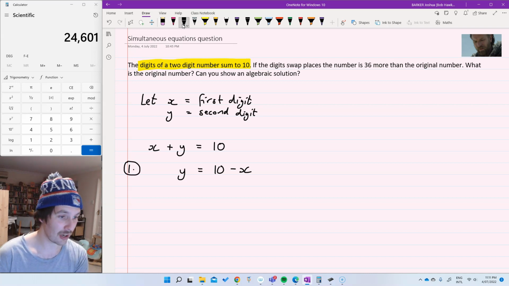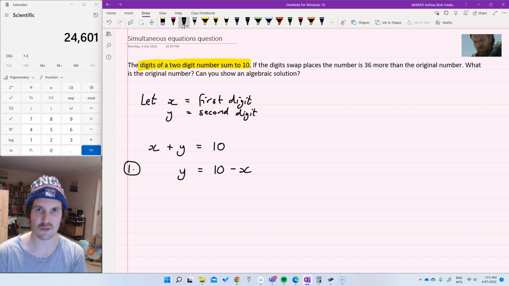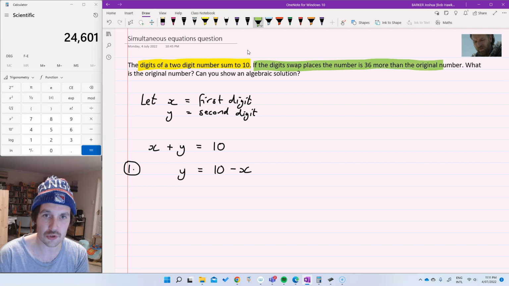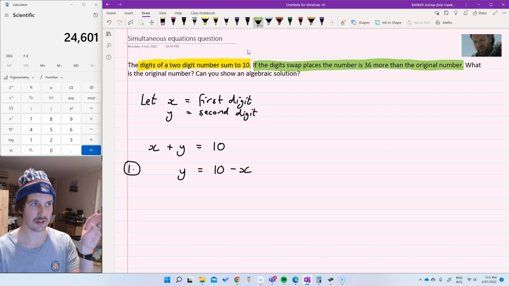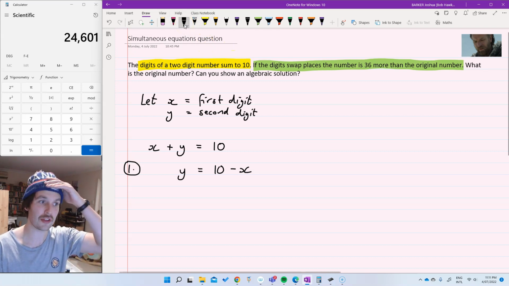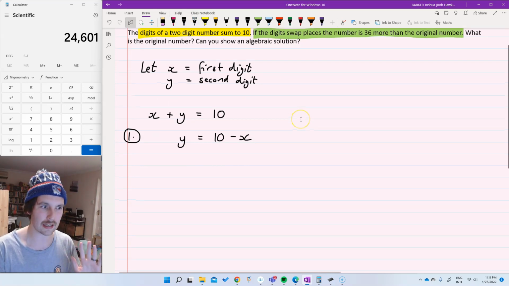Don't have to necessarily write it in terms of that, but I like to aim for y equals something with mine. Now, the second part of this question is if the digits swap places, the number is 36 more than the original number. So not talking about the digits in each of the place value places, it's the actual value of the number itself. So now we've got to shift our thinking a little bit.